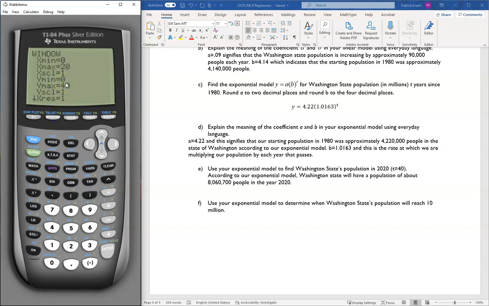So remember, I think it was around the 50s where they intersected, so maybe we could say the max x value could be 70, and the y max of 40 was still kind of high, so maybe we'll make that like 15. So let's see what happens there. Wonderful. That's a lot better.